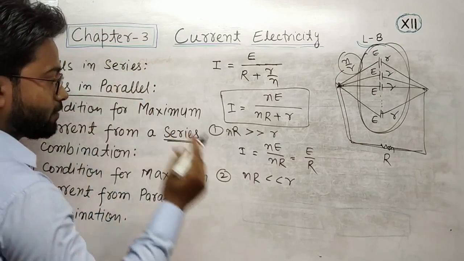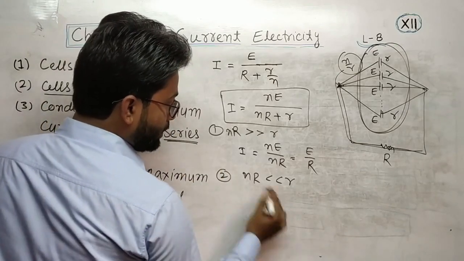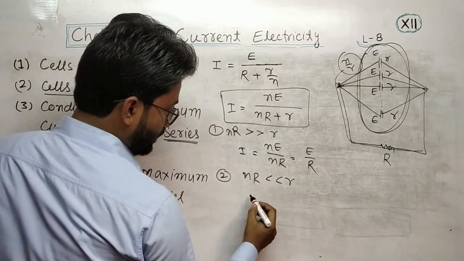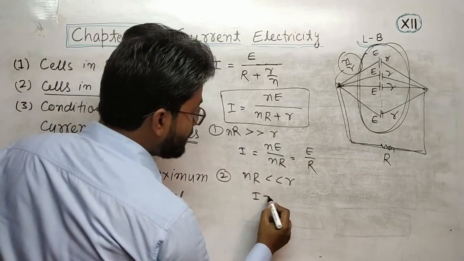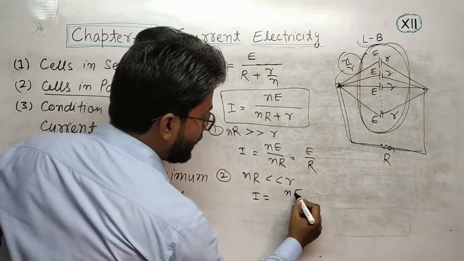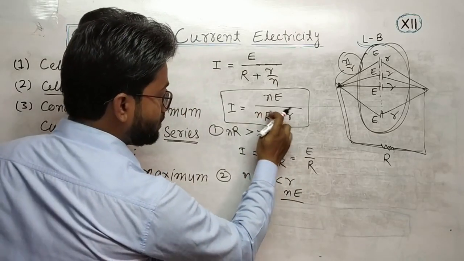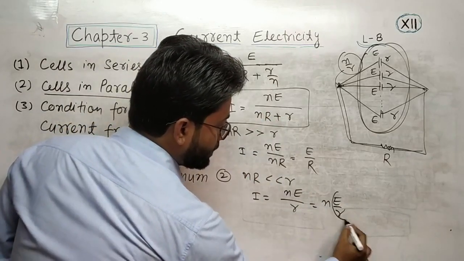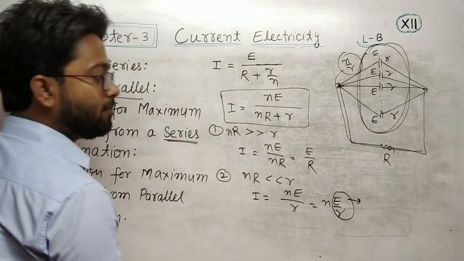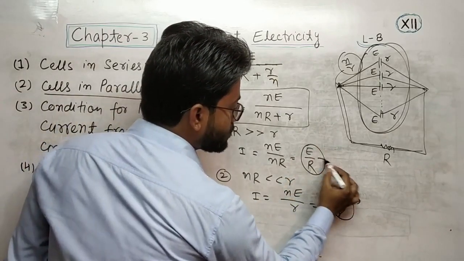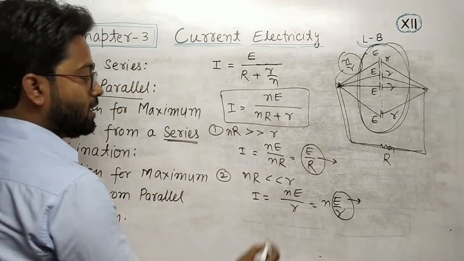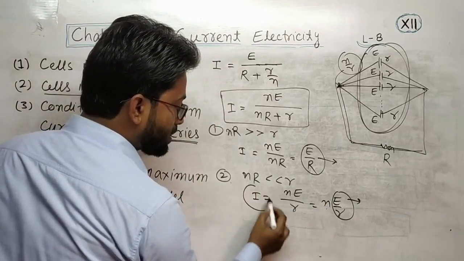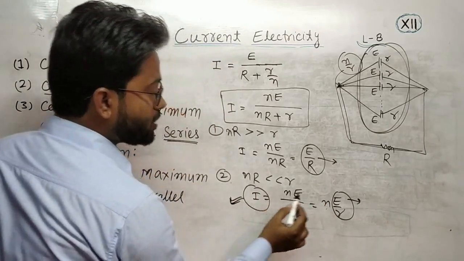Then I will be equal to nE upon r, that is N times the current drawn from one cell.